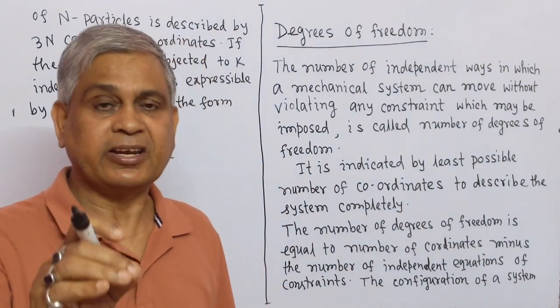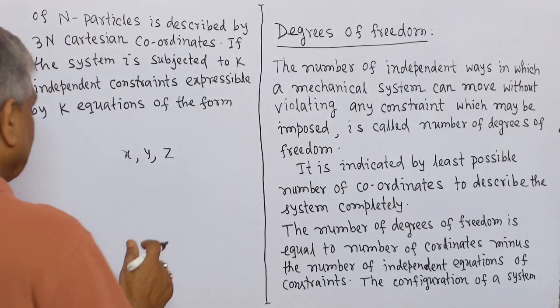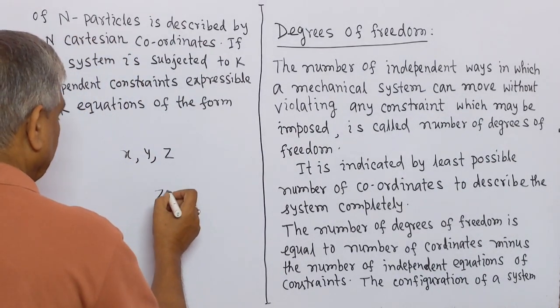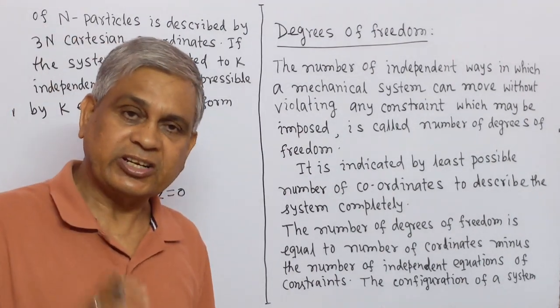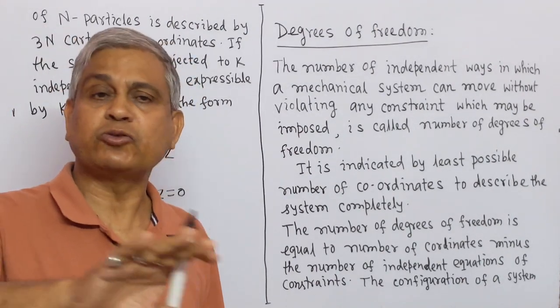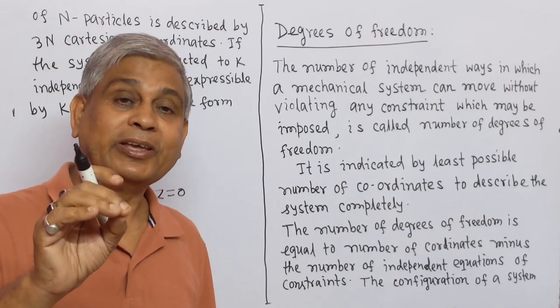If we restrict the motion of this particle by giving z equal to 0, that means the particle is restricted to move in the xy plane, then 1 degree of freedom is seized.